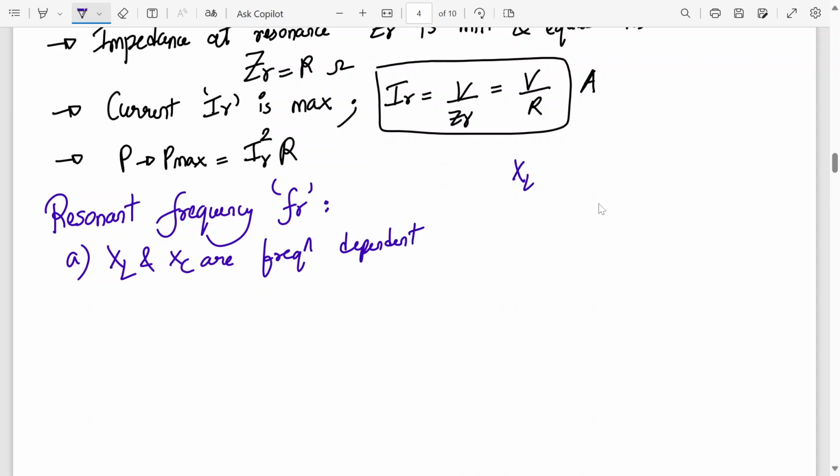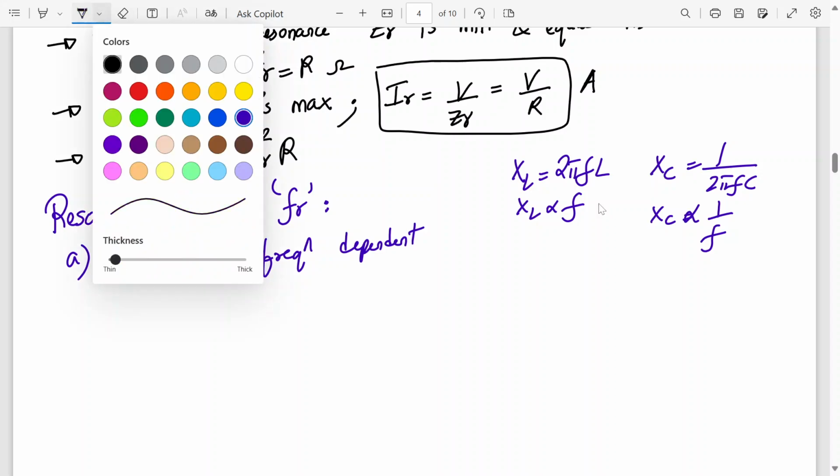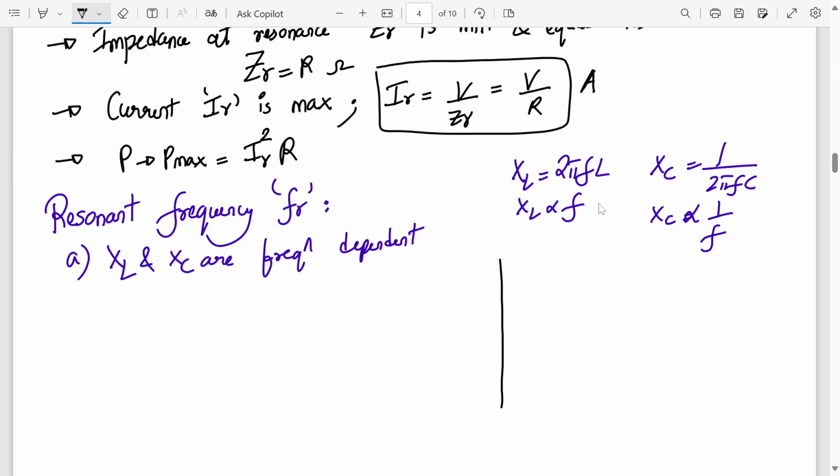XL is equal to 2 pi FL, so XL is proportional to F, and XC is 1 upon 2 pi FC, so you can say XC is inversely proportional to F. So if I have a graph of frequency versus impedance, how will I plot my XL curve? XL is proportional, so this will be XL.